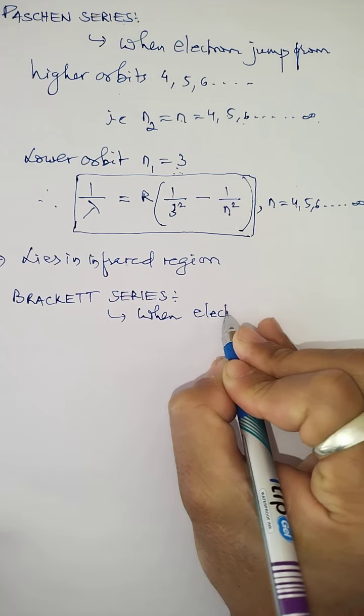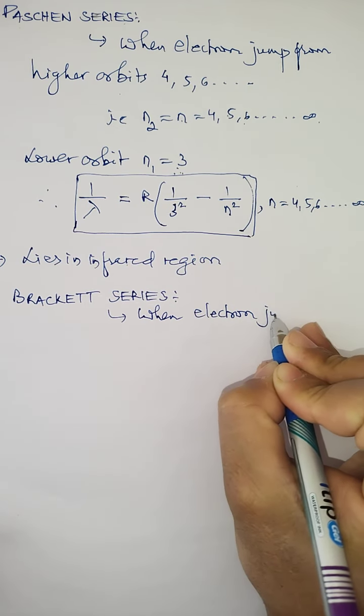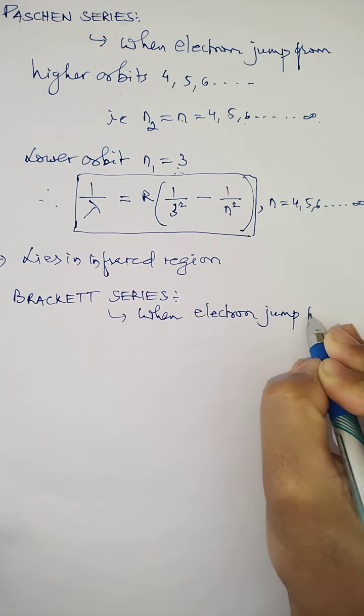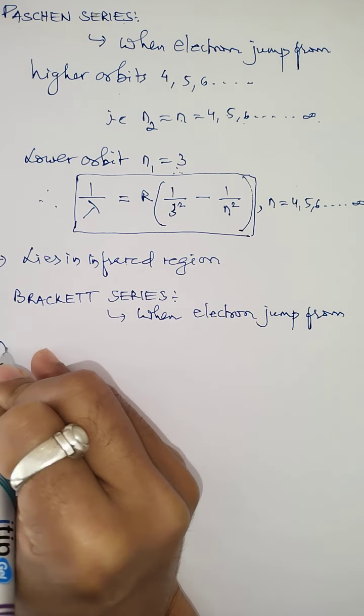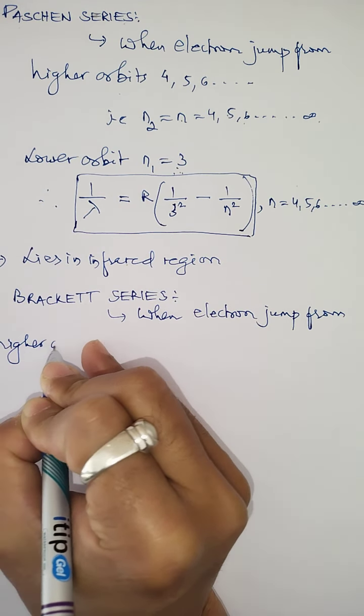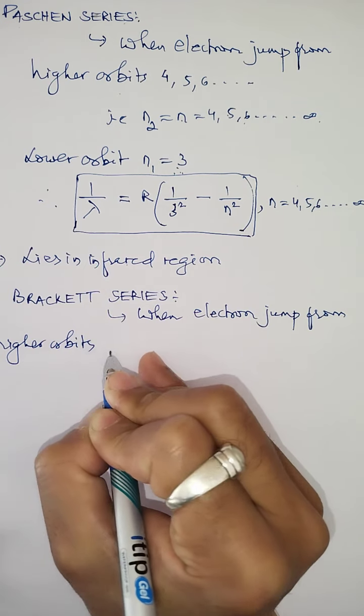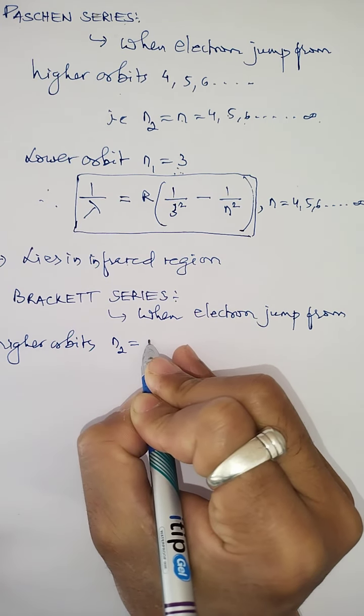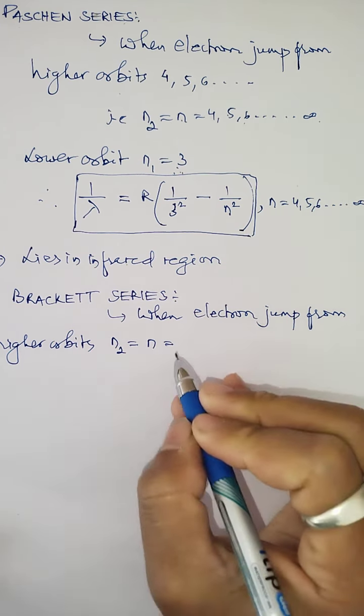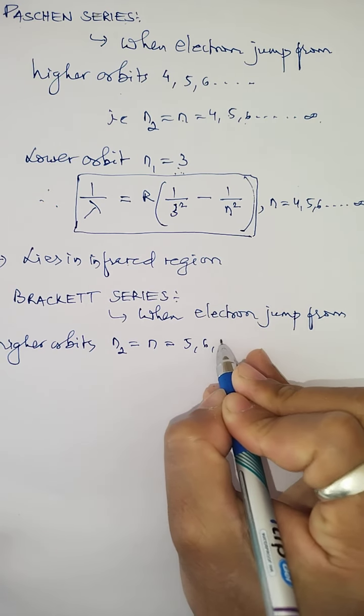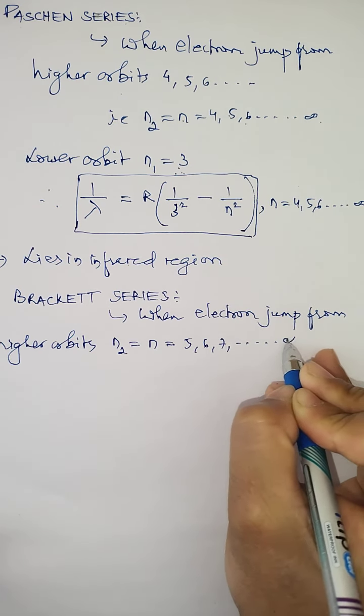the electron jumps from higher orbits, and the higher orbit which is marked by n2, which can be written as n, must be 5, 6, 7, and so on up to infinity.